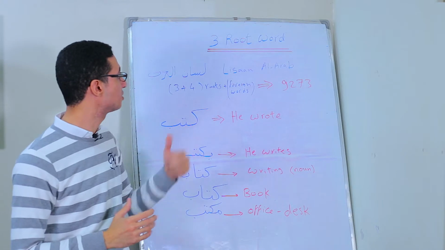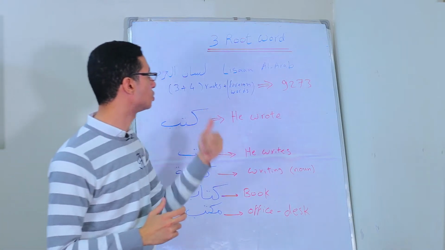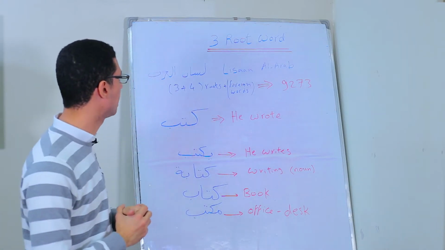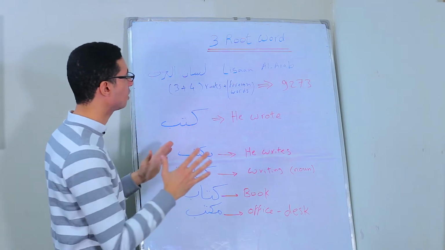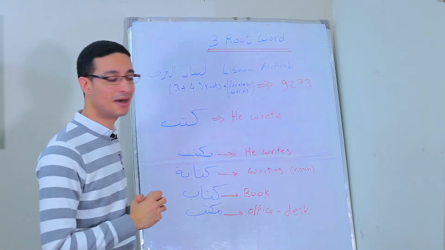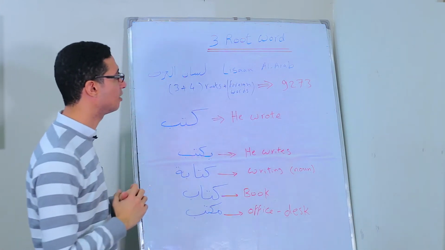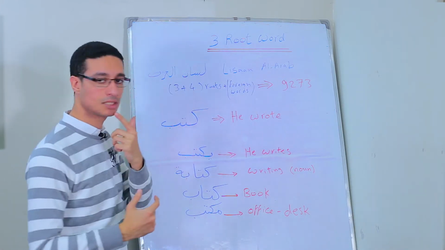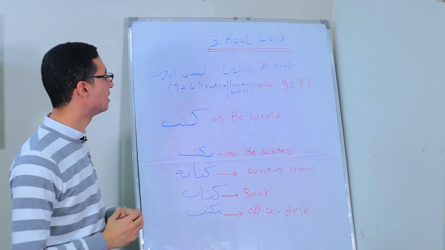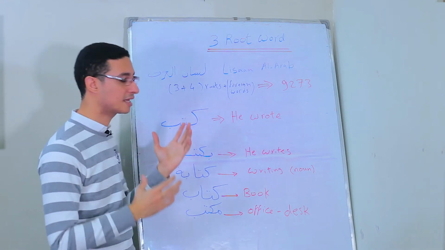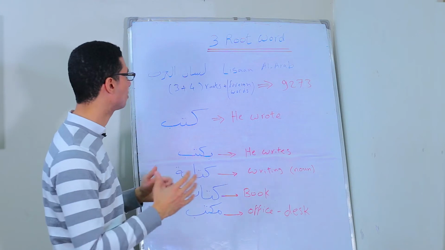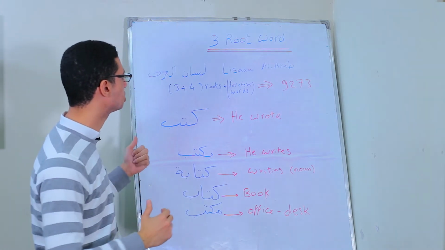So the first thing is the 3-letter root. Actually, one of the most famous dictionaries is Lisan al-Arab. Lisan al-Arab means the Arab's tongue. Lisan means tongue. Okay, so Lisan al-Arab, this is the classical dictionary, and it's one of the most well-known dictionaries.